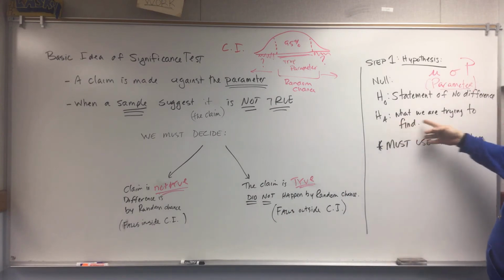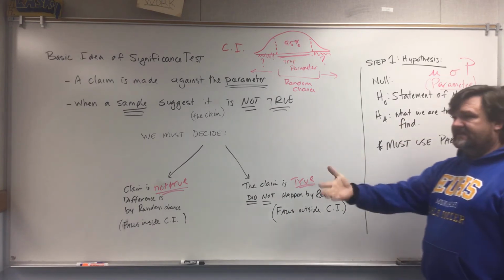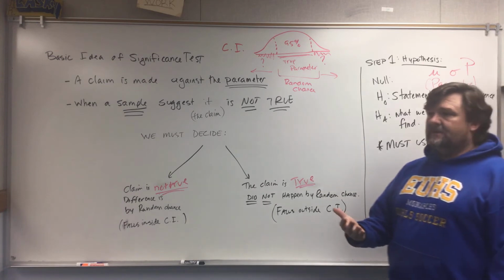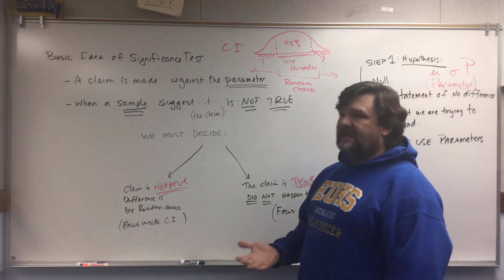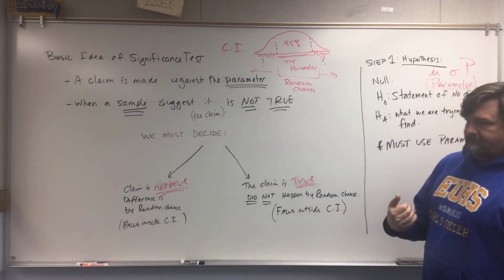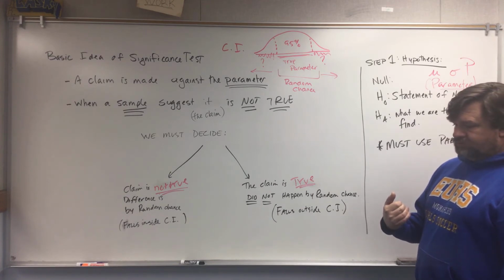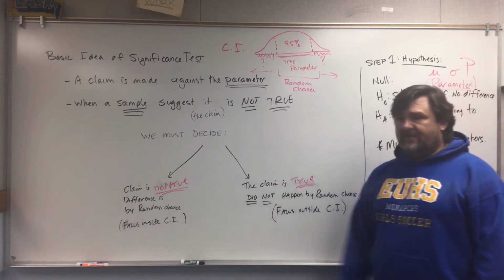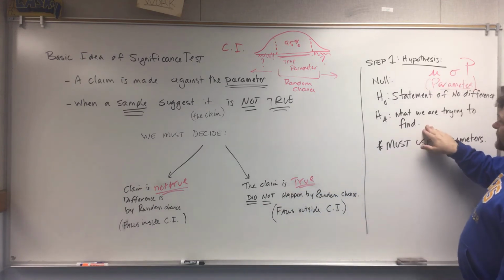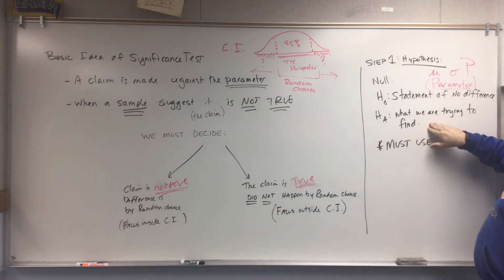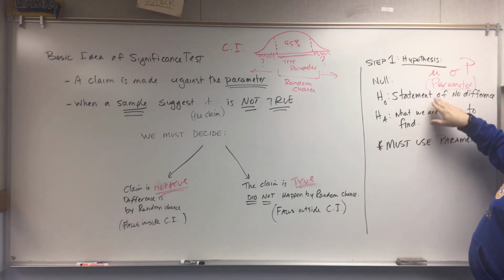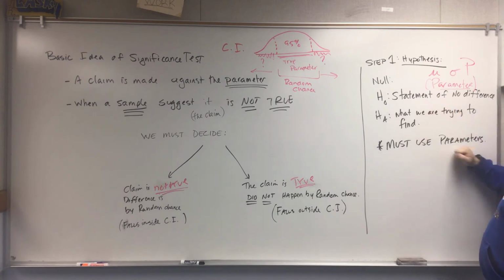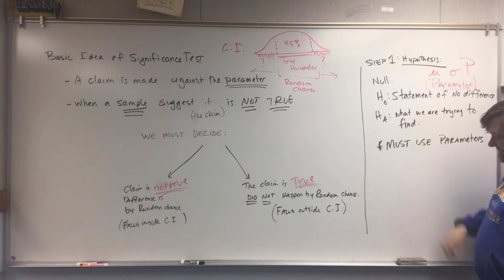And then what we're trying to find, the alternate hypothesis, would be something like the average height of EUHS students is greater than 65 inches. So what are we saying is different than the original one? And you must use parameters. Always has to be parameters.